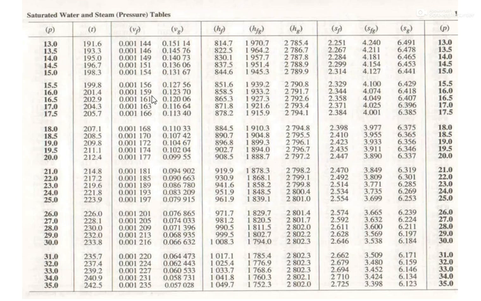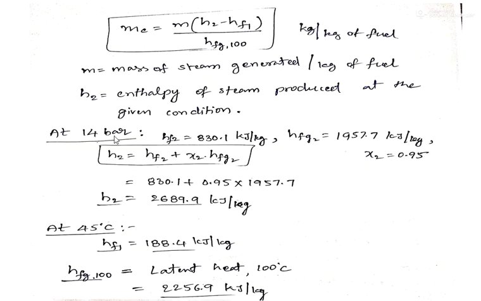So, let us find these Hf and Hfg values from the steam tables. You have to see saturated water and steam tables, pressure based tables, because we are taking the values at 14 bar. Depending upon the pressure, refer to the pressure tables and check where 14 bar is. At 14 bar we require Hf and Hfg values.